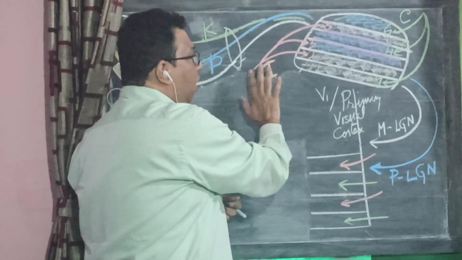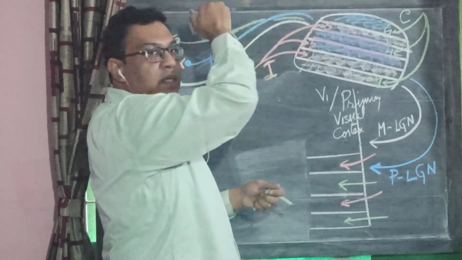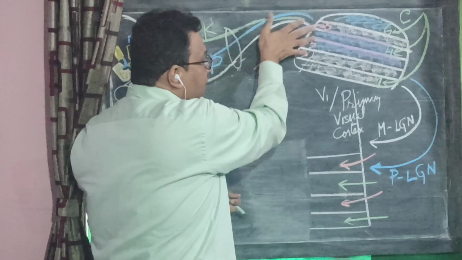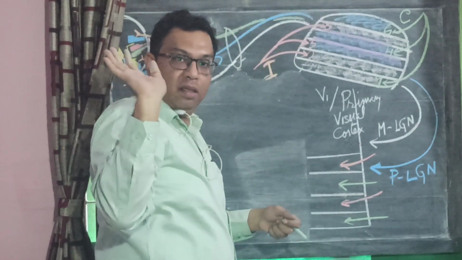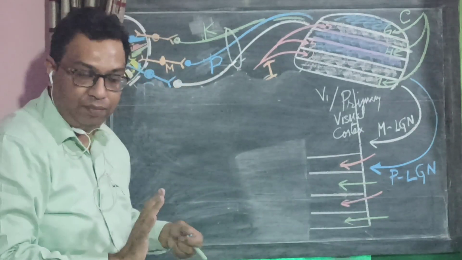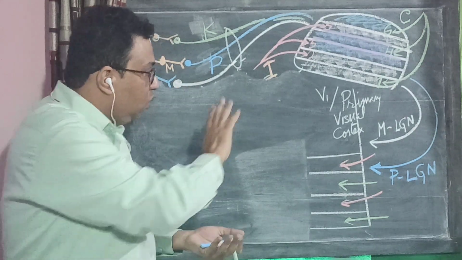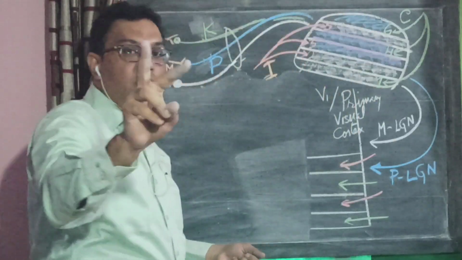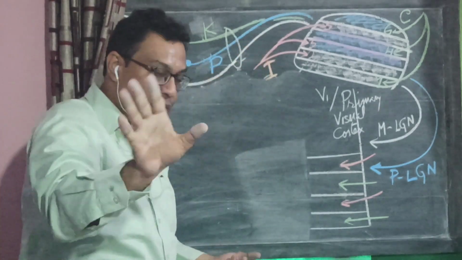There is no mixing of ipsilateral, which goes to different layers, and the contralateral, which goes to different layers. So there is no mixing of signal from the eyes up to the lateral geniculate body.